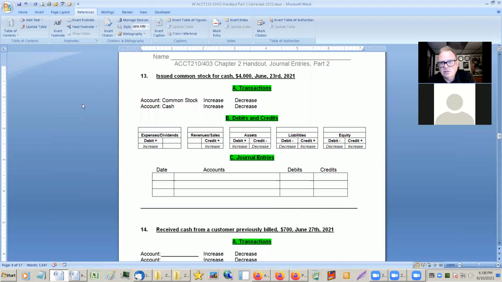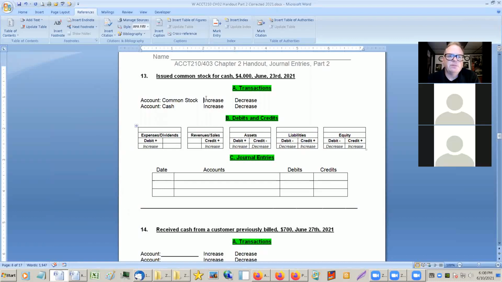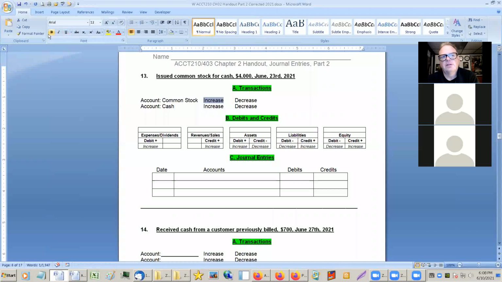Common stock, going up or down? Going up. And cash? That's going down. Close. It's going up, because we're selling the stock.